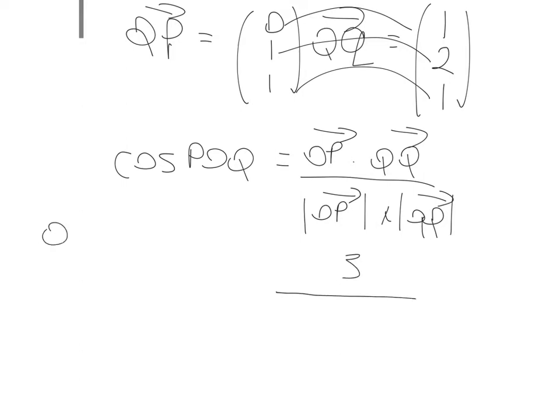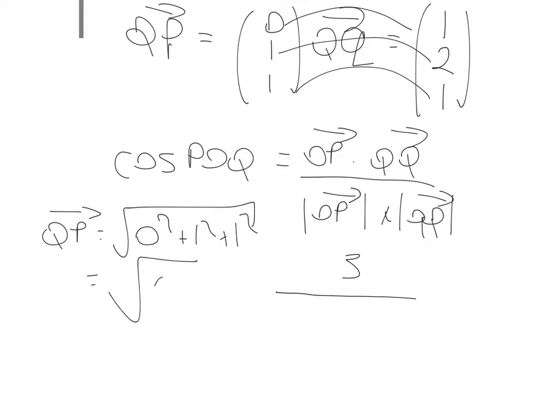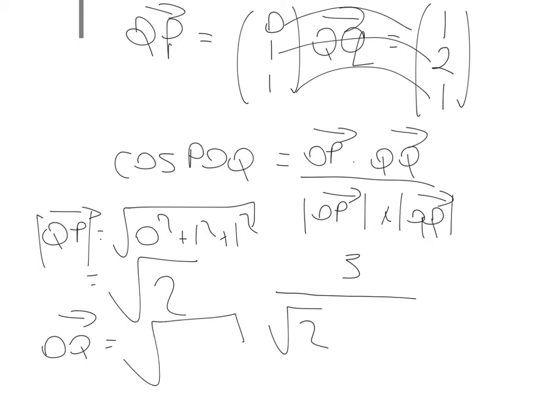For the magnitudes, for the magnitude of OP, that's the square root of 0 squared plus 1 squared plus 1 squared. So that's square root of 2. For the magnitude of OQ, that's square root of 1 squared plus 2 squared plus 1 squared, and that's equal to the square root of 6.